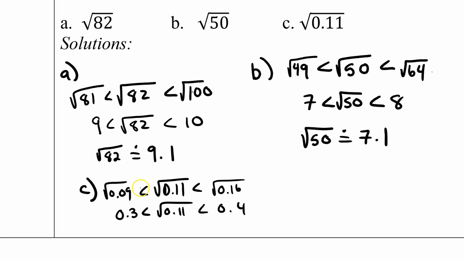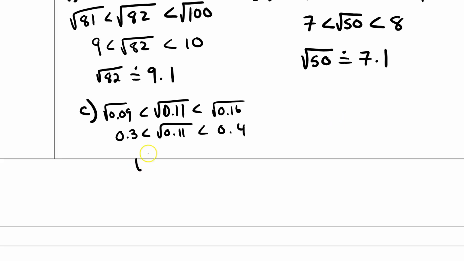I'm saying that it's closer to 0.09 than it is to 0.16. The difference here is 0.02, and the difference here is 0.05. So I'm going to say the square root of 0.11 equals approximately 0.32.